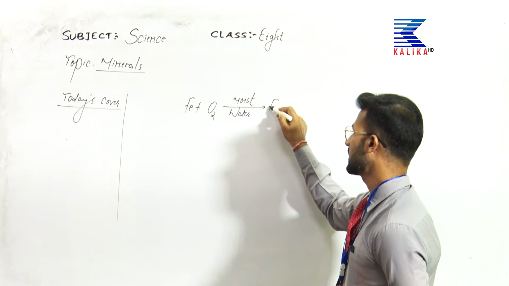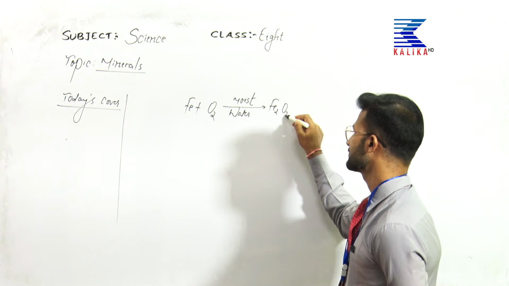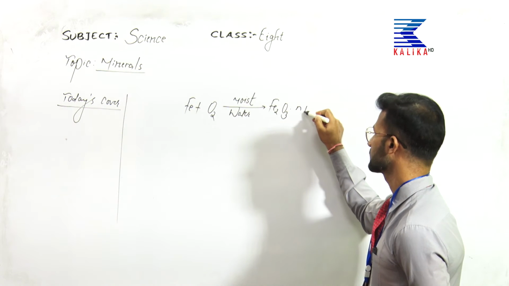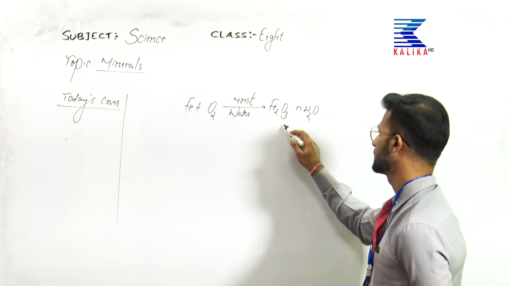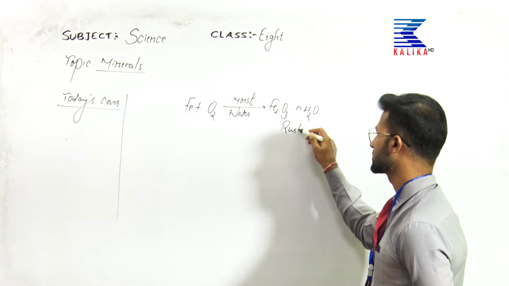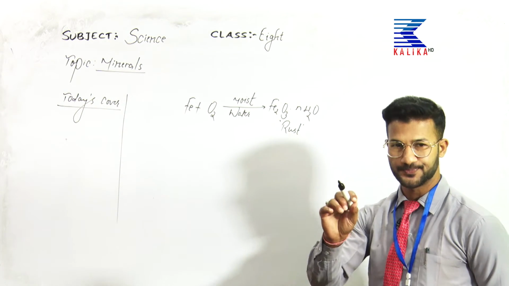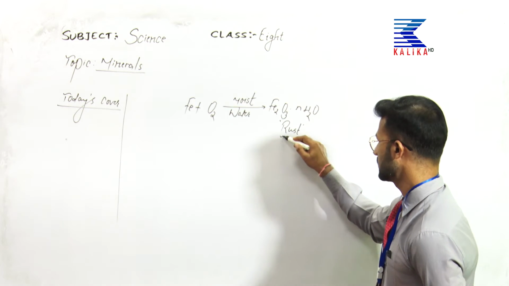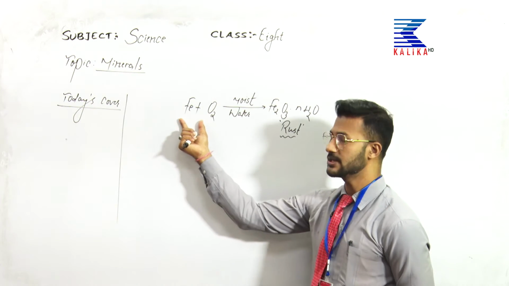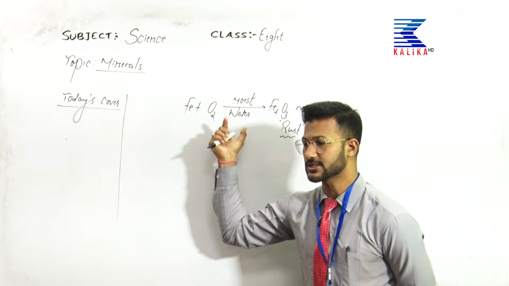It forms iron oxide. This is called rust. In Nepali we call it khiya. Look, iron easily undergoes rusting.